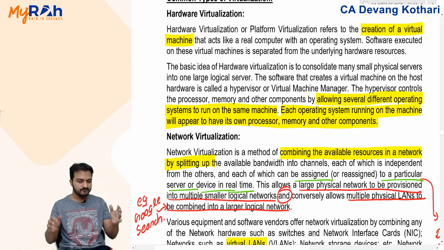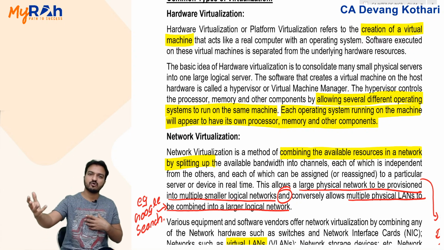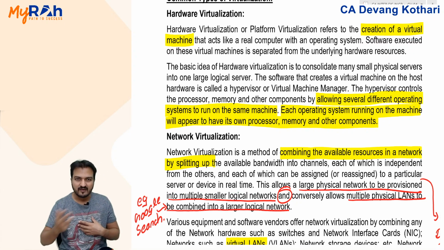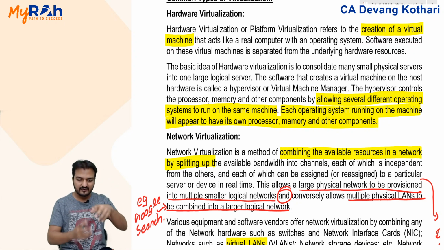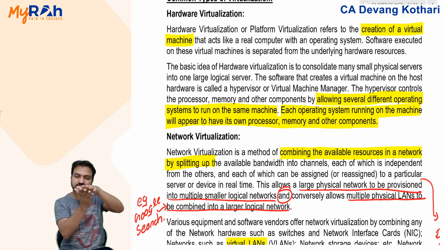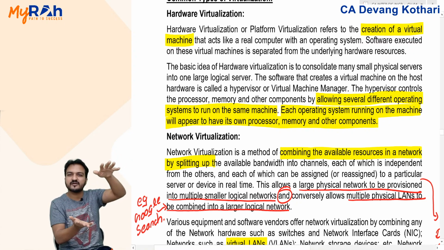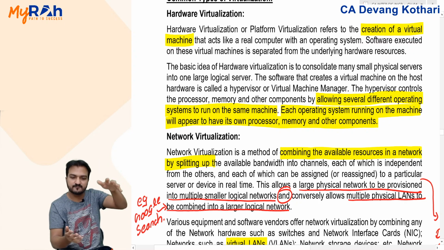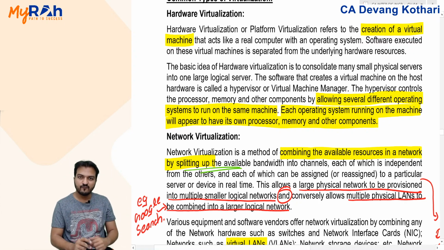For example, in case of VPN, my Ahmedabad branch and Bangalore branch were connected through the internet. Because of that, the internet bandwidth is split. General internet is different and my network on the internet is different. That is splitting the bandwidth for creating my own private network in between.